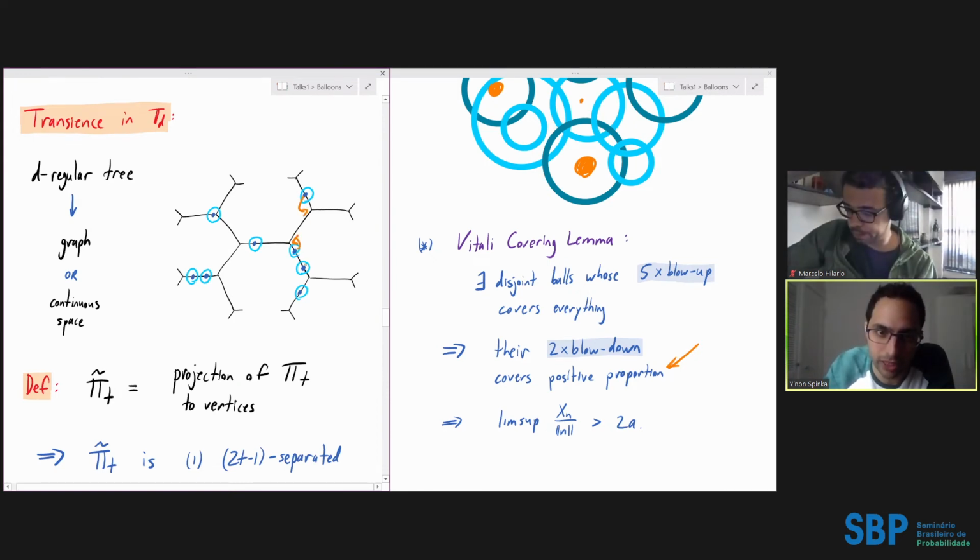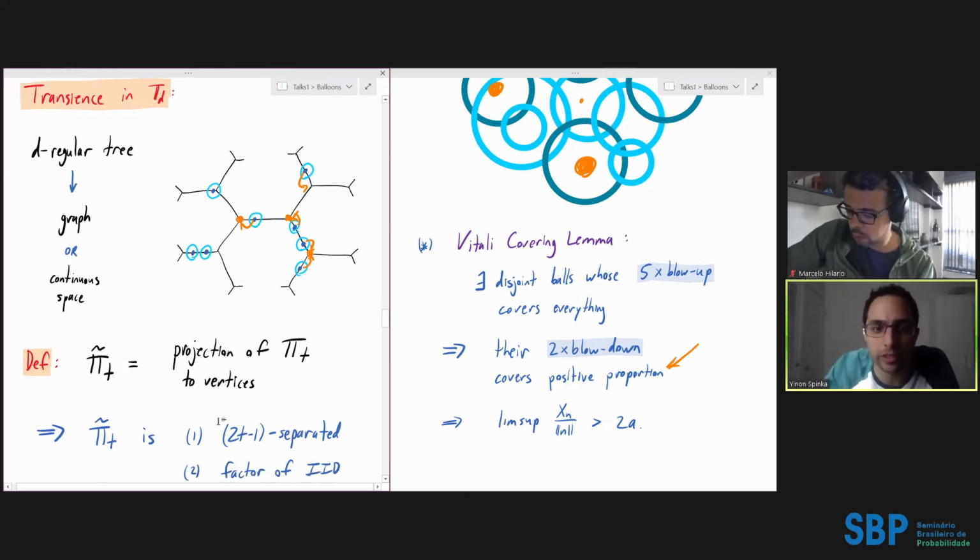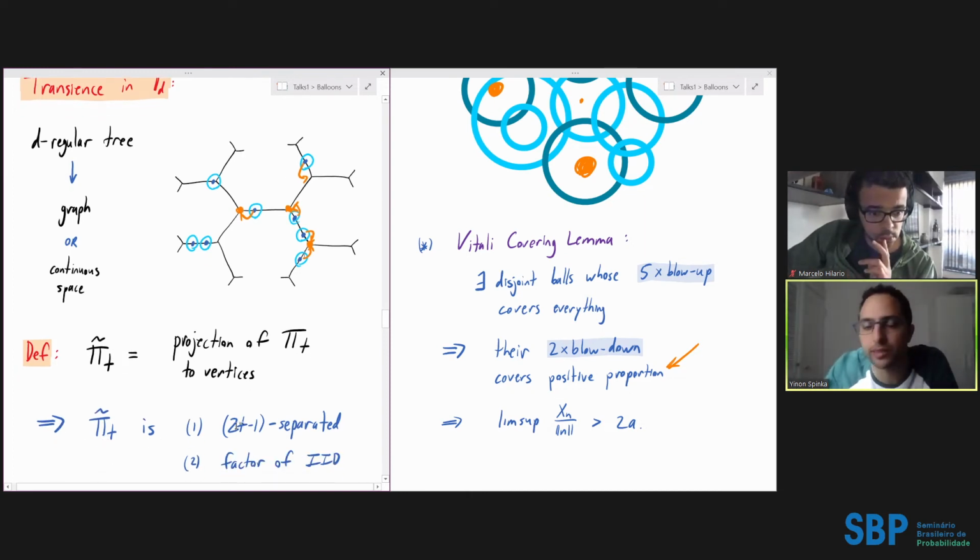We just project every point to the nearest vertex. So we get a collection of vertices at time t, and this collection is well separated. In the continuous tree, any two points are at distance at least 2t from each other. When you project, you maybe move them by distance half. So now any two points in pi tilde are at distance at least 2t minus 1 from each other.